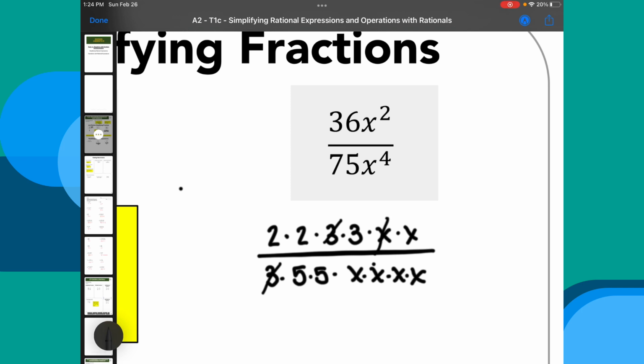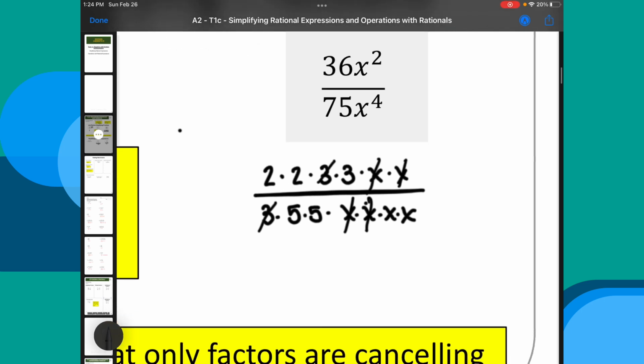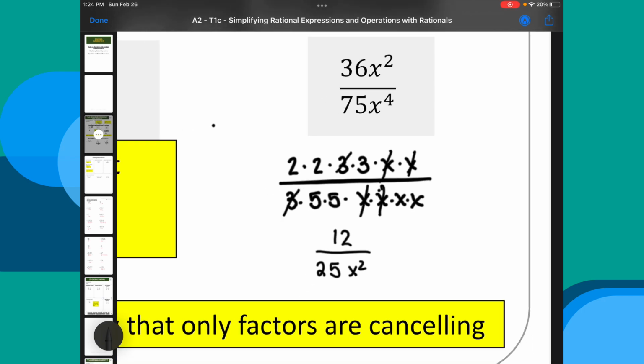So now I can cancel out this x and this x and this x and this x. That means when I reduce this fraction, I'll multiply everything back together and I'll get 12 over 25x squared. Since we broke down the numbers into their prime factorizations, factors, we can cancel them.